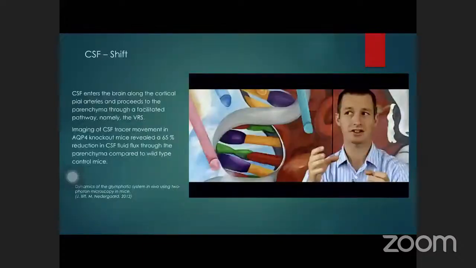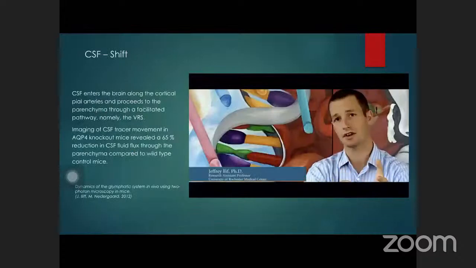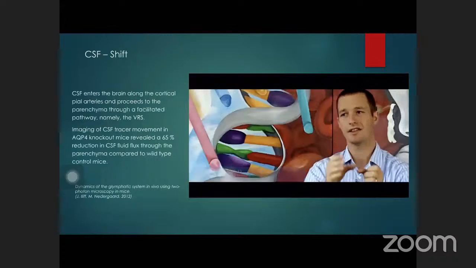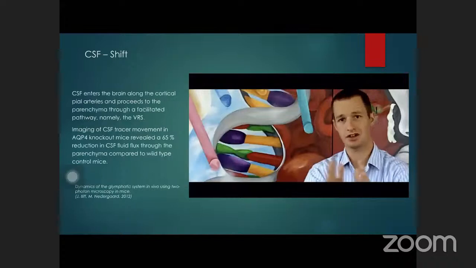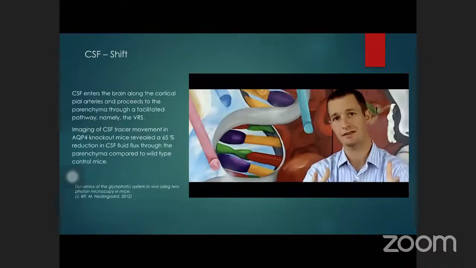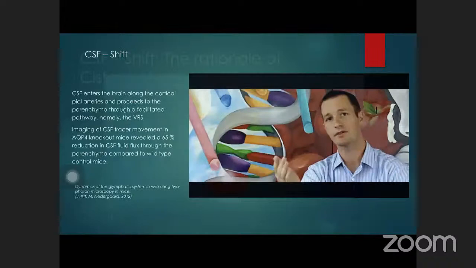It's very simple. This is the glymphatic flow, which actually goes along very specific anatomical structures. There's a specialized anatomy that allows the CSF to move very quickly and very deep into the brain, exchanging with the fluid that's inside the brain and then moving out.